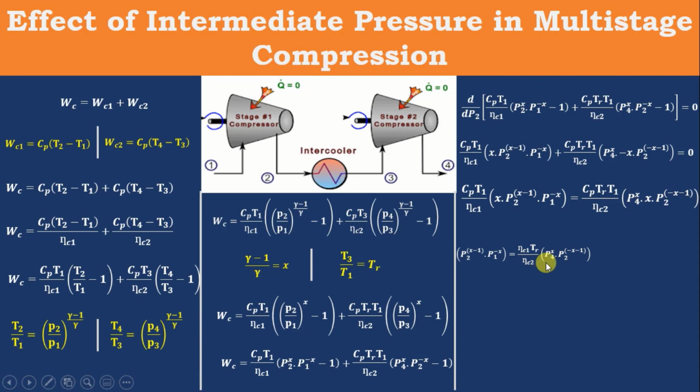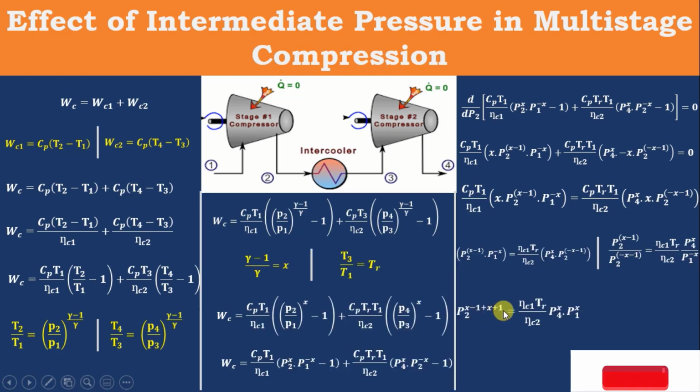So rearranging this equation, we will get P2 power x minus 1 divided by P2 power minus x minus 1 is equal to efficiency of first compressor divided by efficiency of second compressor into Tr, P4 power x divided by P1 power x. So this equation can be written as P2 power x minus 1 plus x plus 1, which means a power m divided by a power n is equal to a power m minus n.